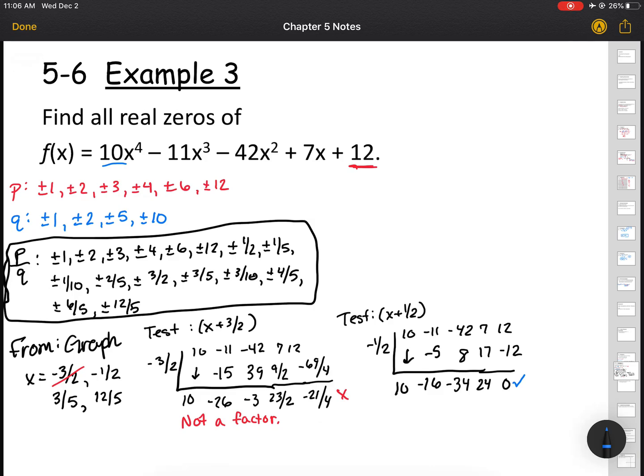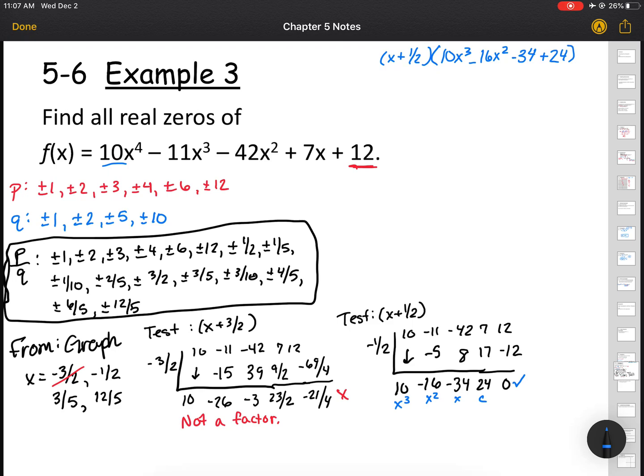Okay, so if I go back up here, if I try to make a polynomial out of this, x plus 1/2 is a factor, because we just tested it, and we're left with, if you remember, the remainder constant, x term, x squared, and x to the third power. So we're left with 10x to the third power minus 16x squared minus 34x plus 24.